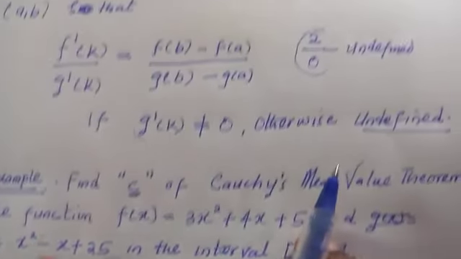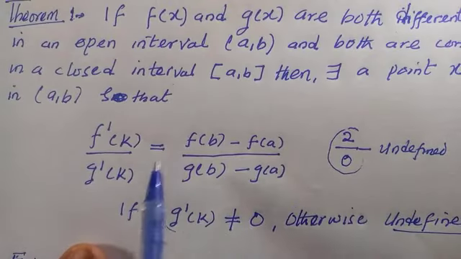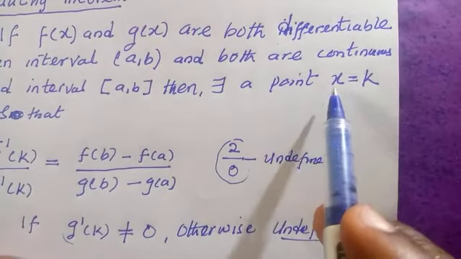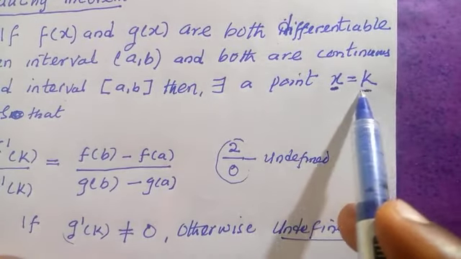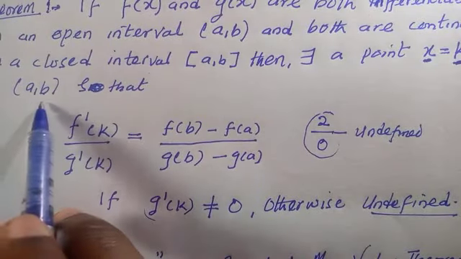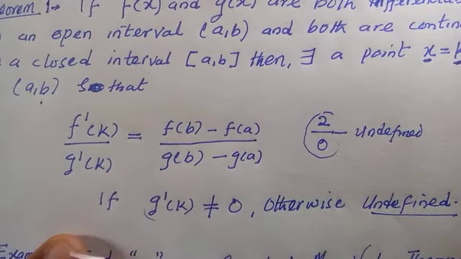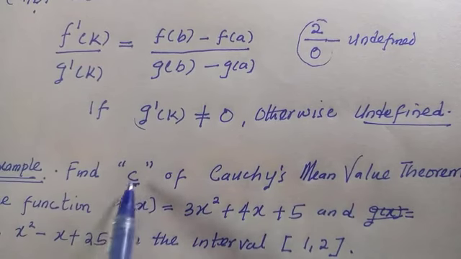So find c, that is, find the constant value k. Here I use k, and we said there is a point x equals k in the open interval a comma b. So now we want to find the value of that constant, which is c.